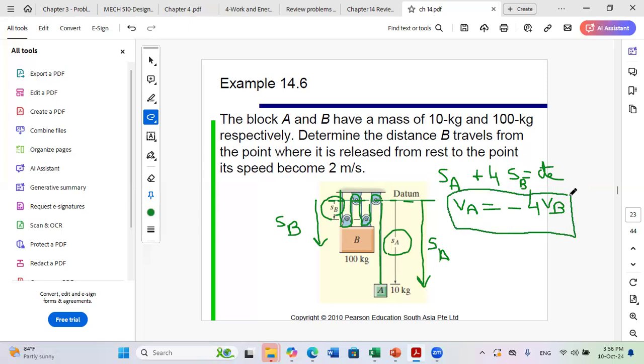Now, if you remember, we solved a problem that is very similar in chapter 13. In chapter 13, we said that if we want to find the distance, we need to first get the acceleration of the blocks. So we need to apply Newton's law on block A, Newton's law on block B, and we get a system of equations. And then what were our unknowns, if you remember?